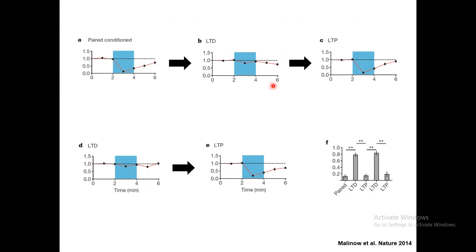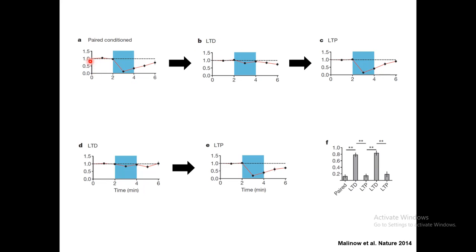Not only that, after a paired conditioning where the mouse is trained to pair the shock with the tone, using that optogenetic setup, they give low frequency stimulation, thus applying an LTD protocol, and it reduced the memory of the fear conditioning.